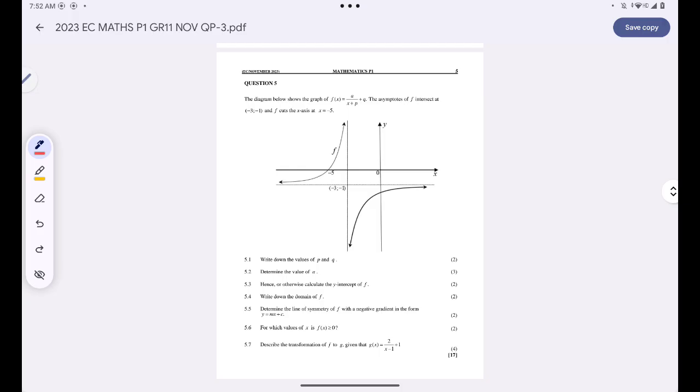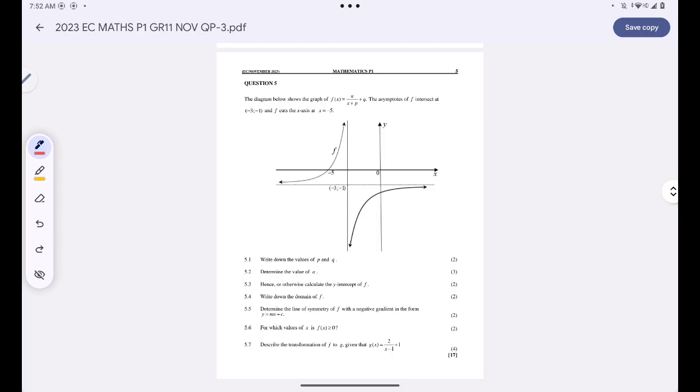Question 5. The diagram below shows the graph of f of x. The asymptotes of f intersect at -3 and -1, and f cuts the x-axis at x is equal to -5.